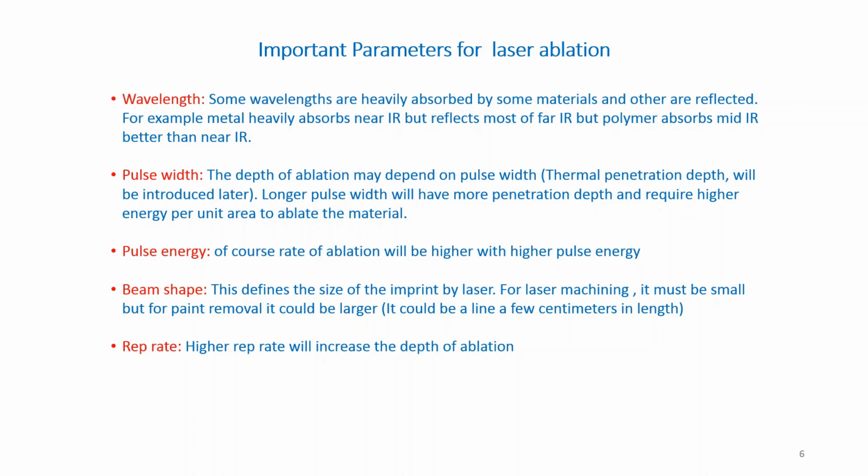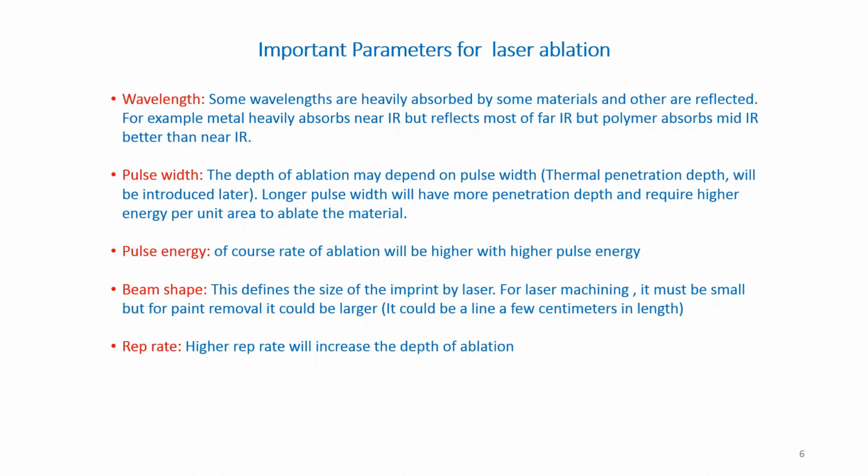So depending on what material you're using, what is the substrate, which you are careful not to damage, you have to choose the right wavelength. CO2 lasers, for example, have mid-IR wavelength, so they are probably suitable to remove paint from a metal surface because the metal reflects the mid-IR radiation.